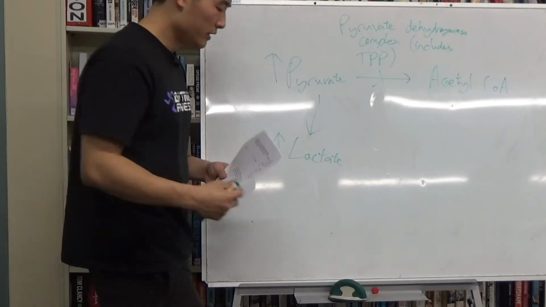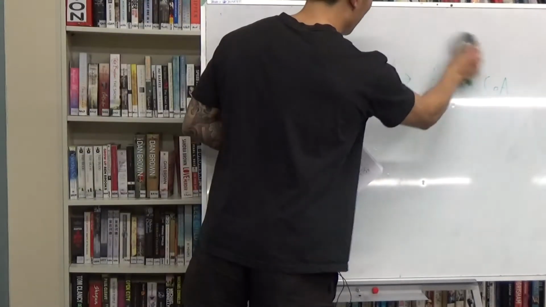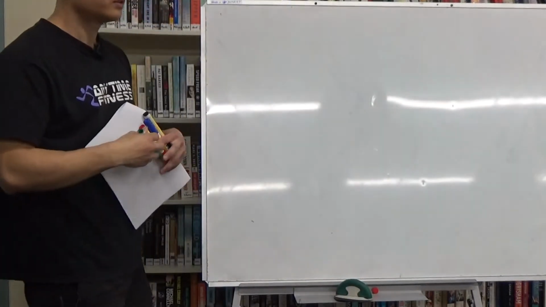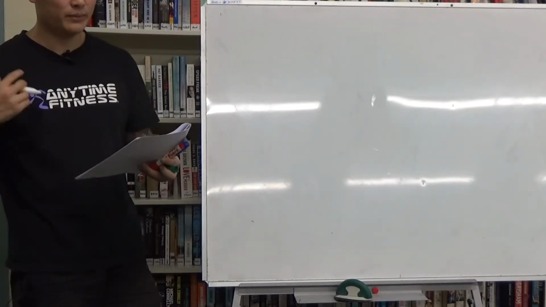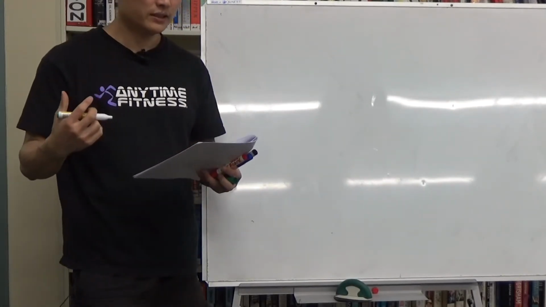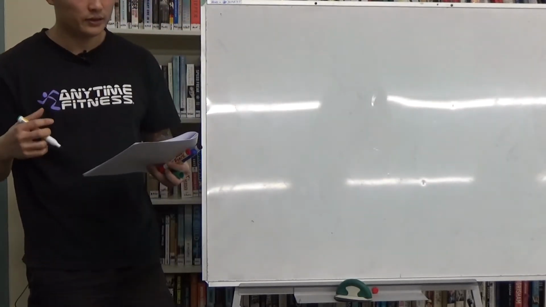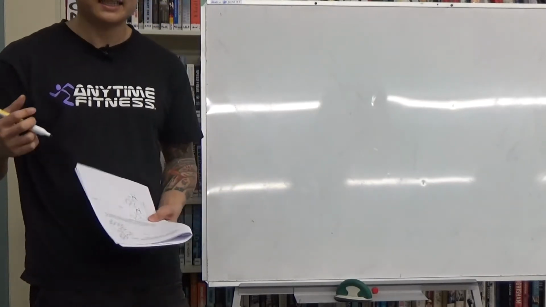B2 on the next page is riboflavin. So B2 is riboflavin, and that makes up FAD and also FMN as well. FAD is critical for the citric acid cycle as an electron carrier.